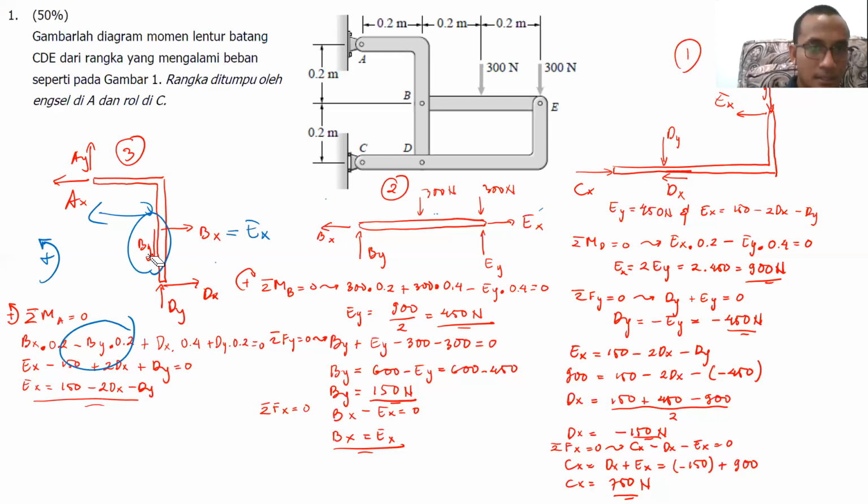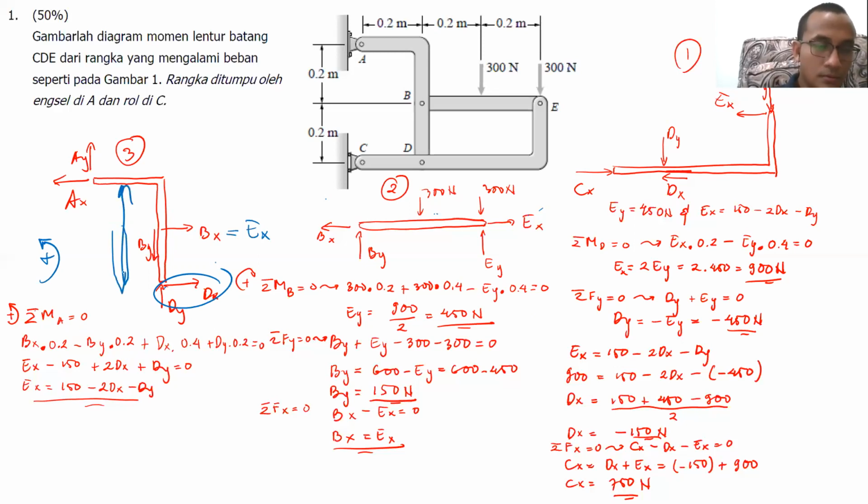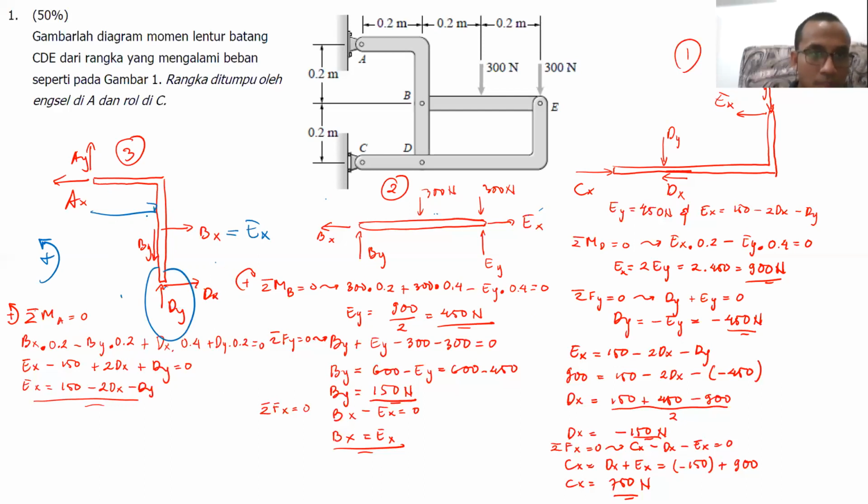Then after that, due to this Dx, we will get counterclockwise moment, Dx multiplied by 0.4, because the moment arm here is 0.4. Then Dy multiplied by 0.2. The moment arm is 0.2, so this one. Okay.